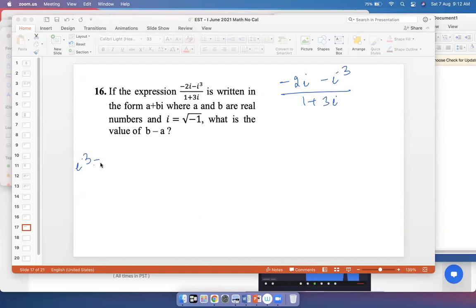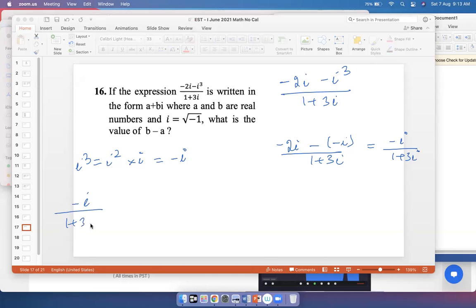Now i cube is i square into i, and i square is -1. So i cube is -i. So minus 2i minus of -i divided by 1 plus 3i. So minus 2i plus i. So that's minus i divided by 1 plus 3i.